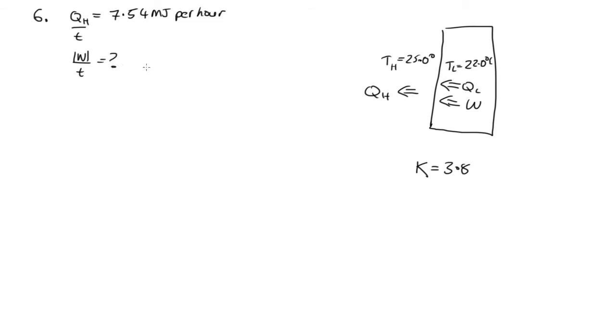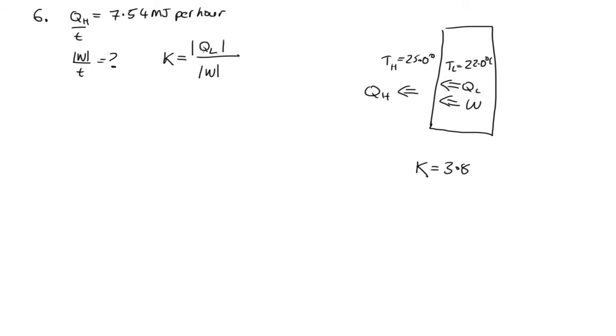What's that equal to? Okay, and we know that the coefficient of performance for a refrigerator is given by what we want, which is QL, over what we pay for, which in this case is the work. Okay, so we know K here.